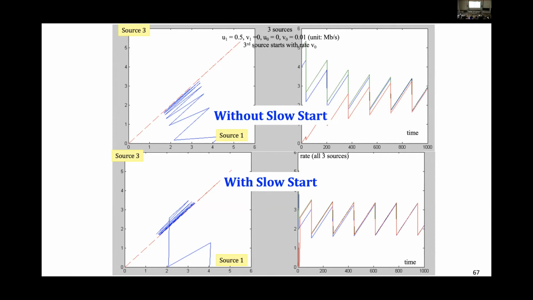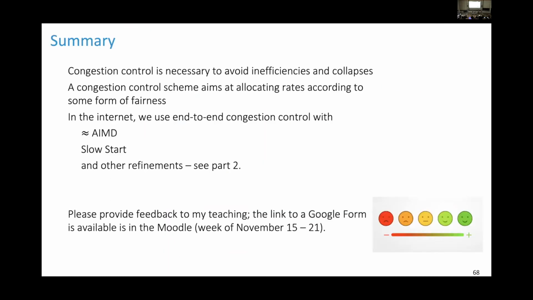Whereas by implementing the slow start, we accelerate this convergence. With only a few iterations, we converge to the value. Well, that was what we wanted to see from the theory part, the core part of the congestion control in the TCP on the internet.